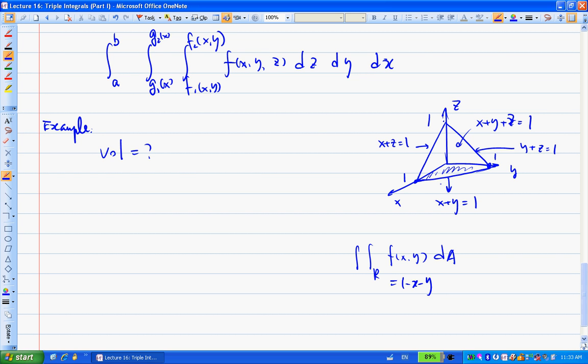Anyway, the other quick way of getting this is the following. You see this is a plane. What happens when I let z equal 0? It's x plus y equals 1. When z equals 0, it means the intersection of this plane with the xy plane, and the intersection of two planes gives you a line.